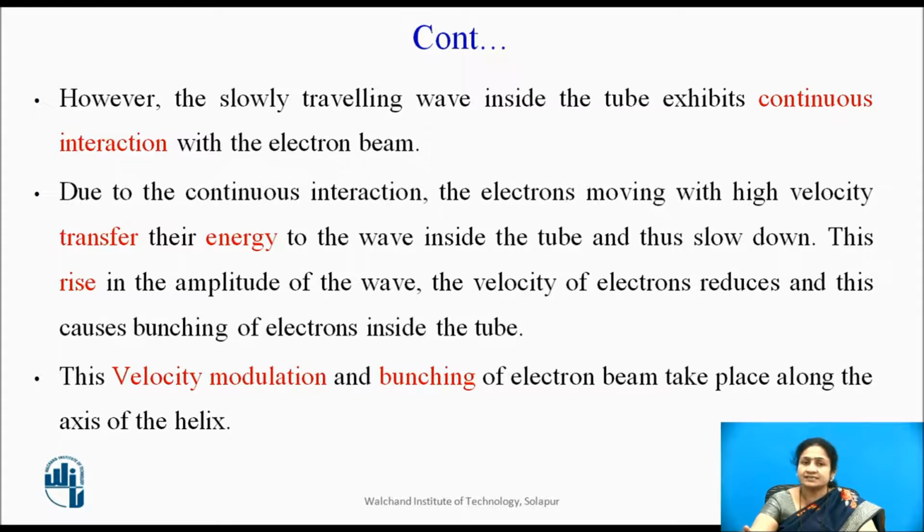This raises the amplitude of the wave. The velocity of the electron beam reduces, and this causes bunching of the electrons inside the tube. Thus velocity modulation and bunching of the electrons take place along the axis of the helix.